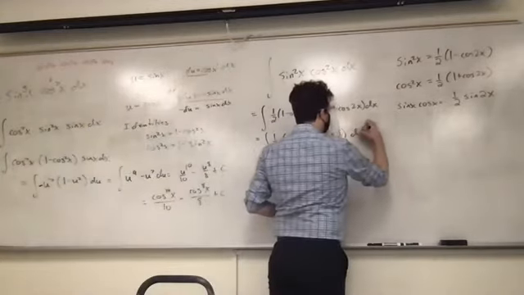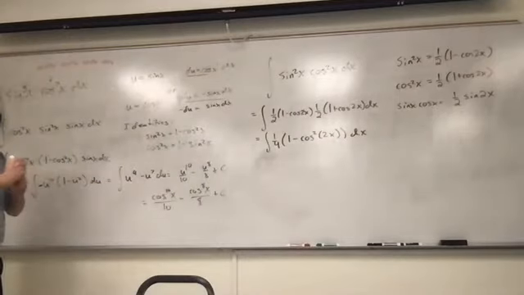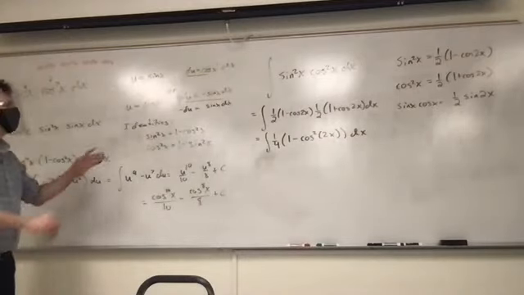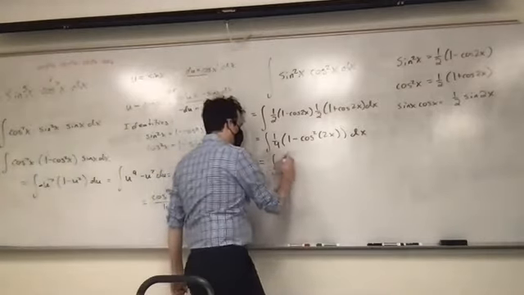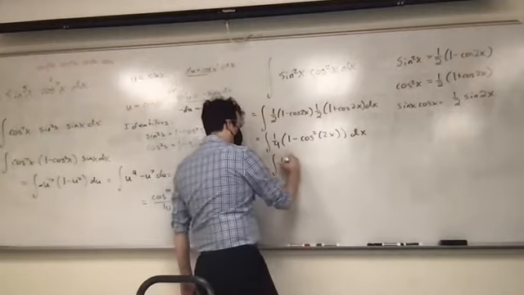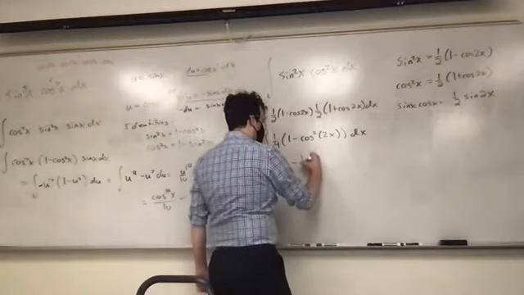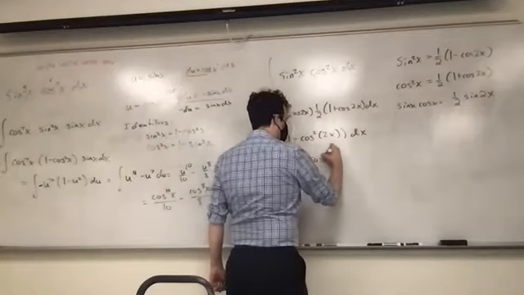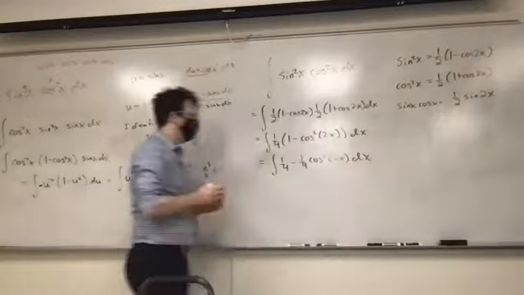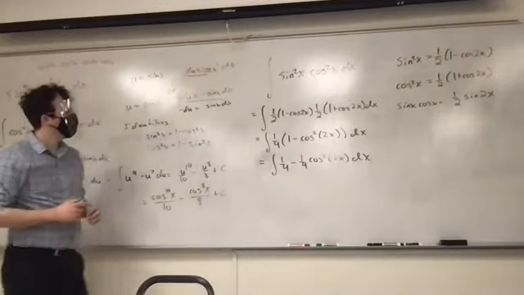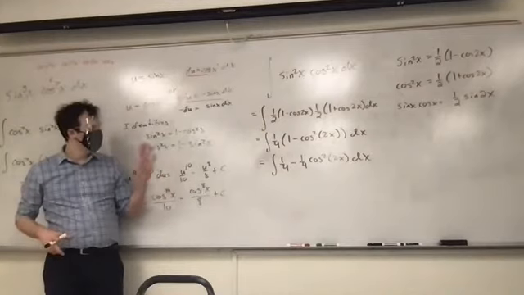And then close the x. And then let me multiply this out. So the 1/4, and then minus 1/4 cosine squared of 2x. So this is the new integral that we have to deal with.